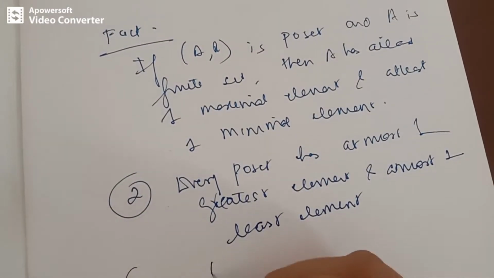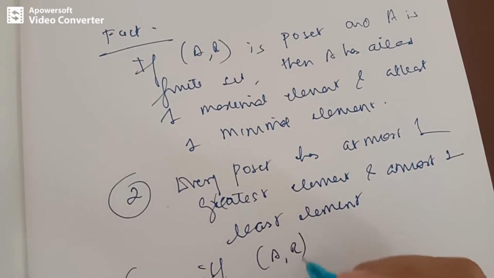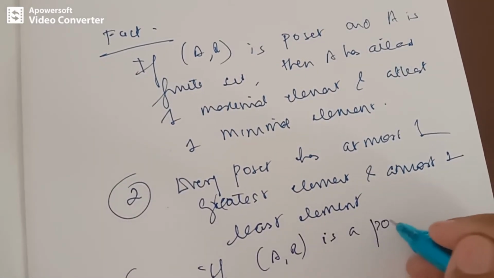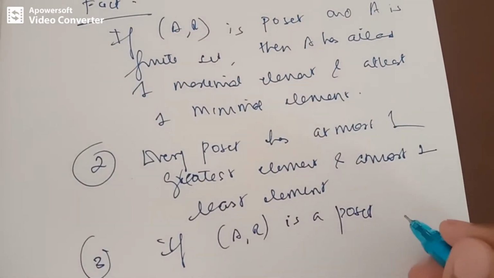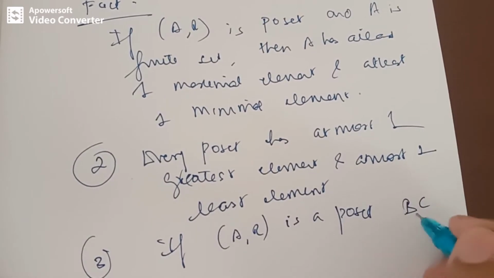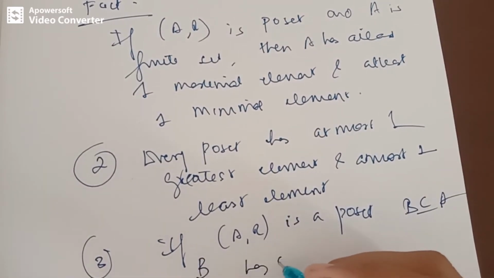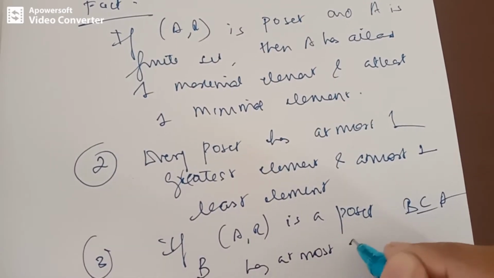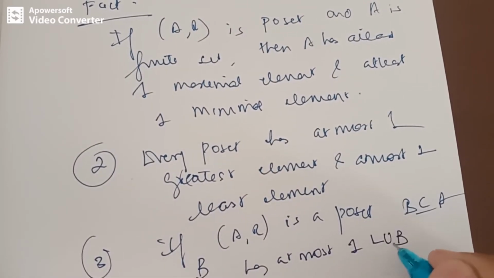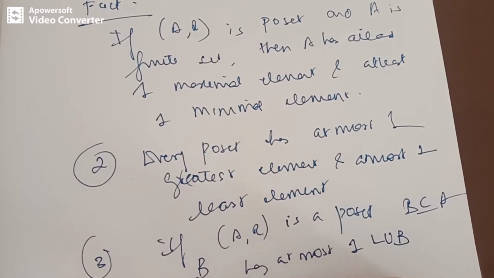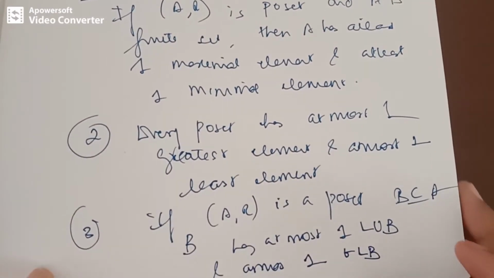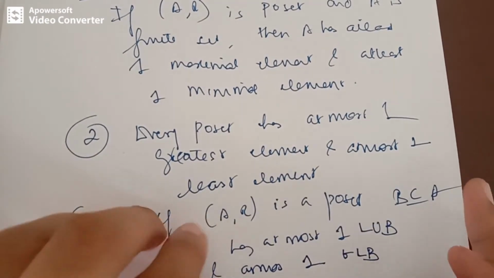And the third fact is, if A comma R is a poset and B is a subset of A, then B has at most one least upper bound and at most one greatest lower bound. Okay, these are the facts.